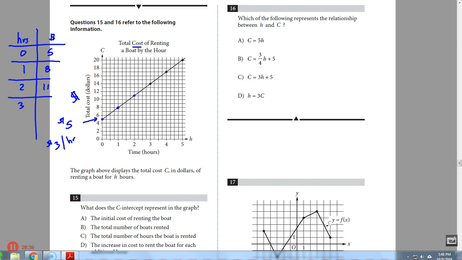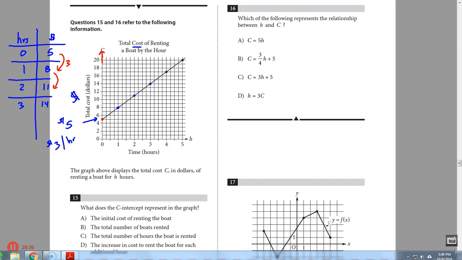Looks like it stays linear, it stays steady all the way up. And my slope, or my increase, is going up by $3 every hour. The y-intercept is where you cross this vertical y-axis, or in this case the C-axis. My y-intercept is 5.